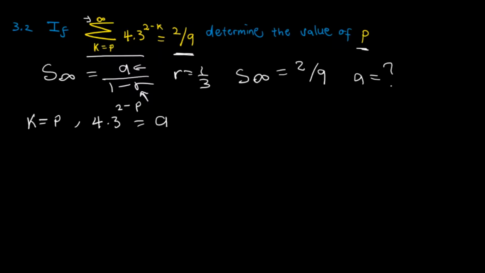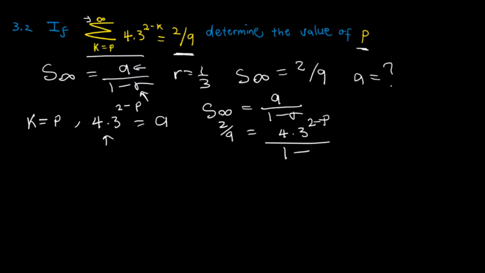So in our formula, the sum to infinity is equal to a over 1 minus r. So the sum to infinity is 2 over 9, which is equal to our a, which is 4 multiplied by 3 to the power of 2 minus p, which is what we calculated here, divided by 1 minus r, which is 1 over 3.